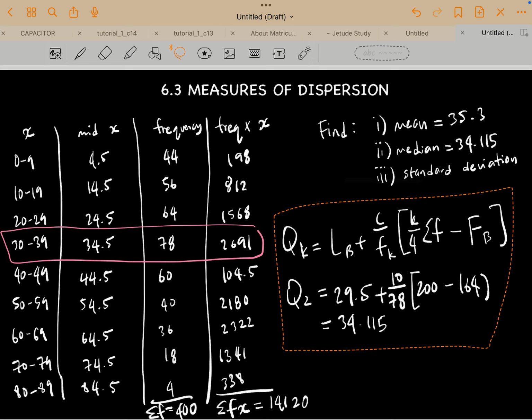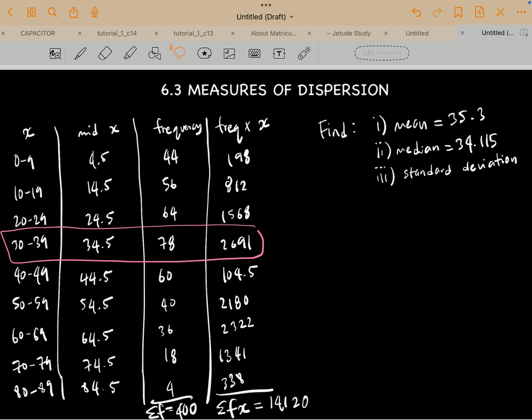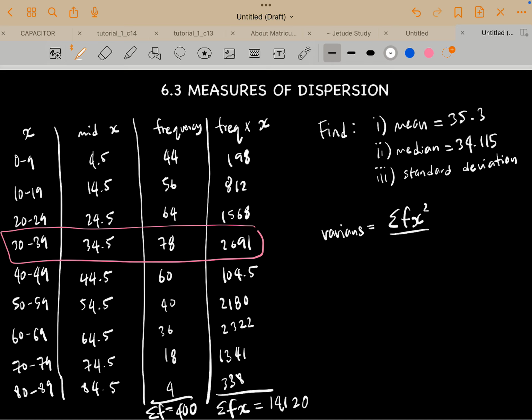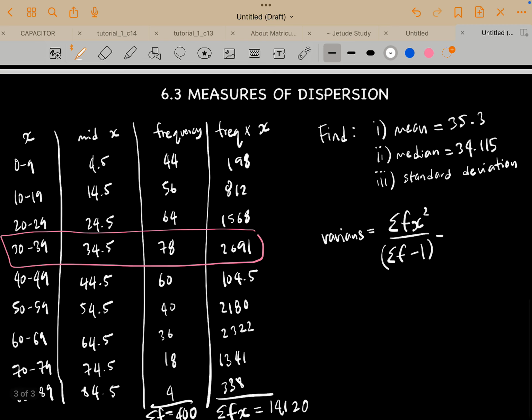Okay, so let's find the standard deviation. How do you find the standard deviation? Well, for a group data, let's find the variance first. Variance is equal to the sum of fx to the power of 2 divided by the sum of f minus 1, minus the sum of fx to the power of 2 divided by the sum of f times the sum of f minus 1.